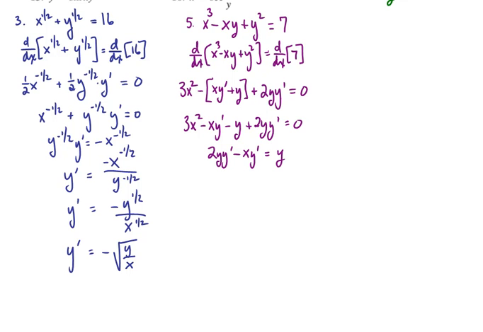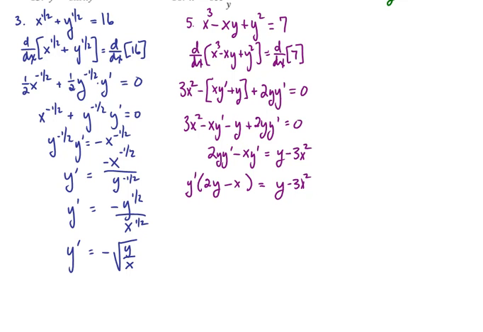It'll go across as positive y, and then minus 3x squared. Now I want to factor out the y prime, so I've isolated the y prime terms on the left, and I want to factor out a y prime from that, giving me y prime times the quantity 2y minus x is equal to y minus 3x squared.